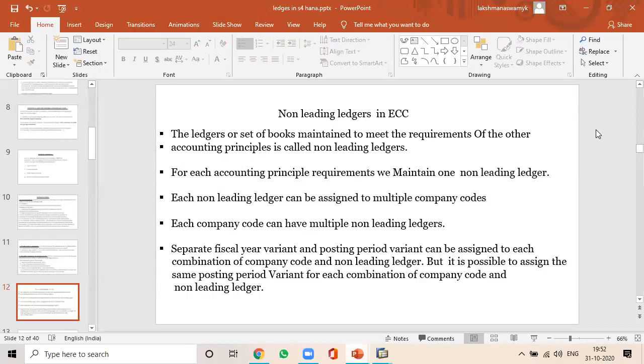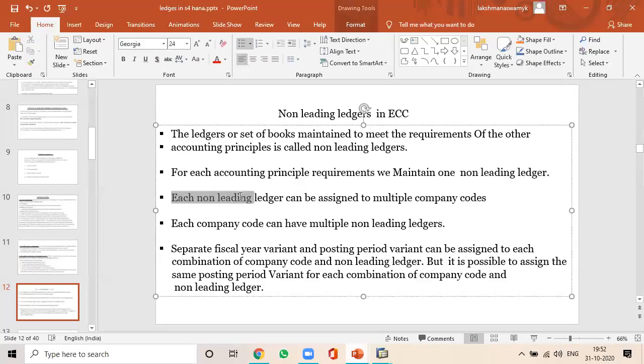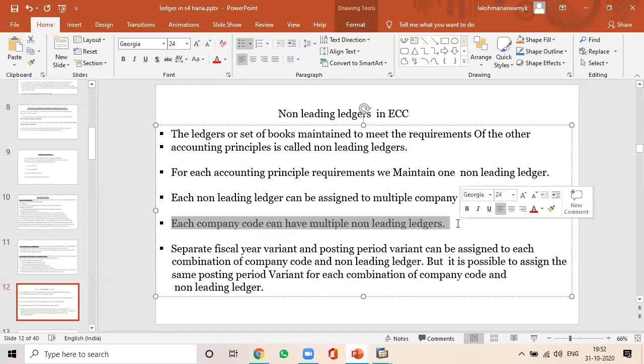Remember, always the ledgers are defined at the client level. So we can assign one non-leading ledger to multiple company codes also. And see, each non-leading ledger can be assigned to multiple company codes, and each company code can have multiple non-leading ledgers.